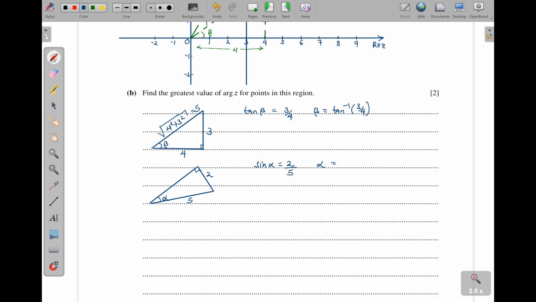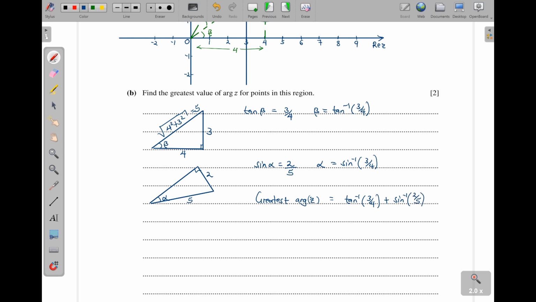So meaning alpha is equal to the arcsine of 2/5. So the greatest argument of z is going to be equal to the arctan of 3/4, then you add the arcsine of 2/5.